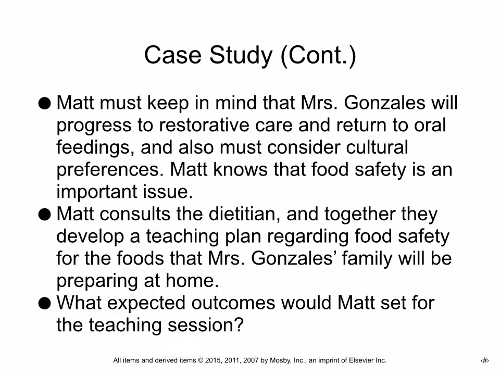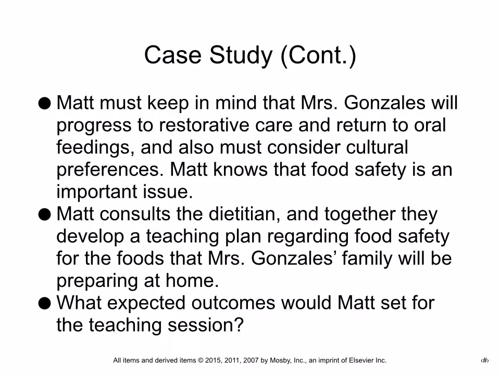Now, what expected outcomes would Matt set for the teaching session? Of course, hand hygiene, so washing hands, cleaning the surface on which they are preparing meals, cooking meat, poultry, fish, and eggs at 180 degrees, washing fresh fruit and vegetables, and refrigerating foods at 40 degrees within 2 hours of cooking.